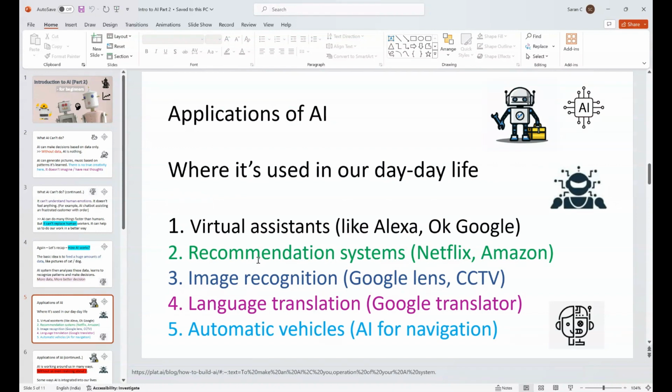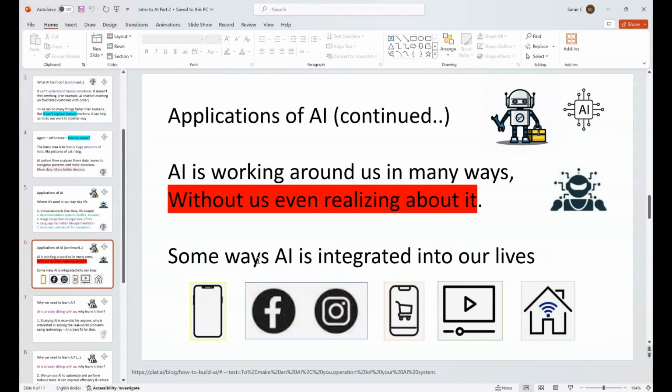These are the different ways AI is used in our day-to-day life. We don't even know how AI is playing a major role in our lives. It's working with us and around us in many ways without us even realizing it.